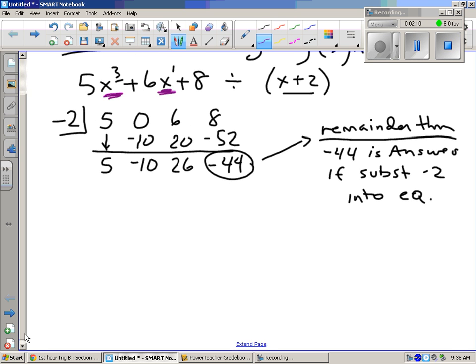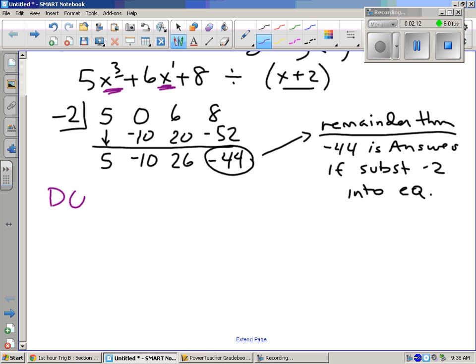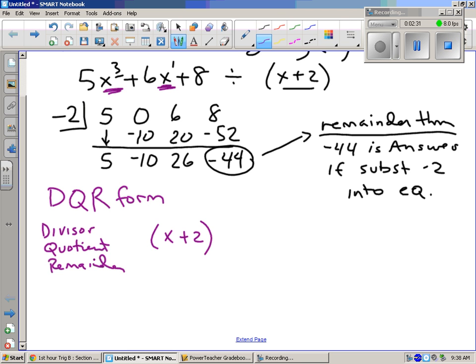If I say put it in DQR form, what that stands for is divisor, quotient, and remainder. So what that will look like with this problem right here, my divisor is x plus 2. That's what I'm dividing by. So that's the D. The quotient is the answer when you divide.